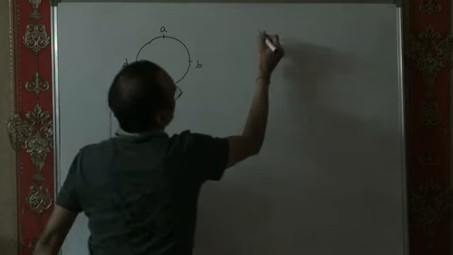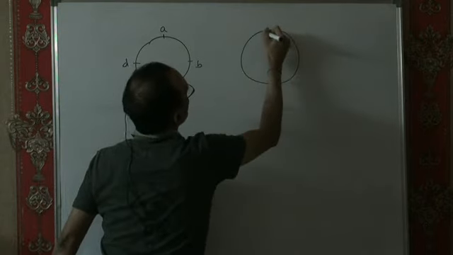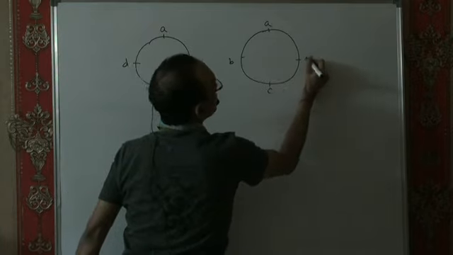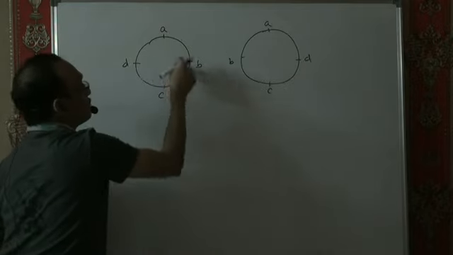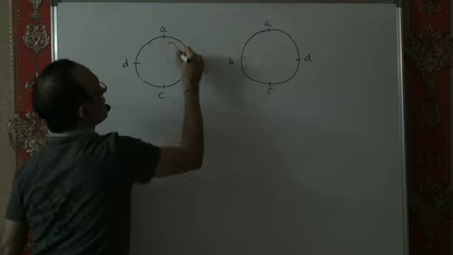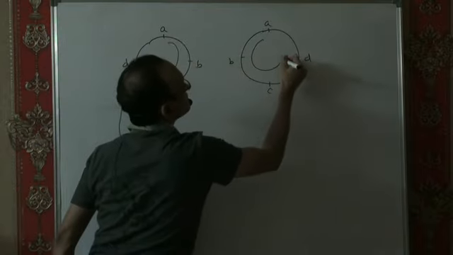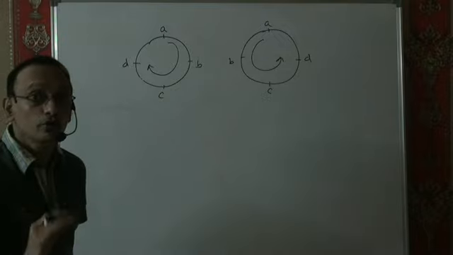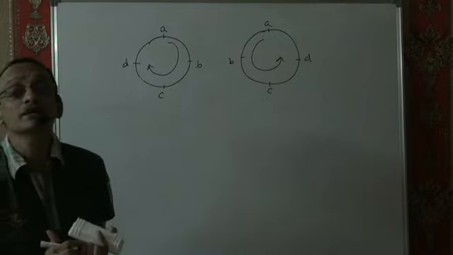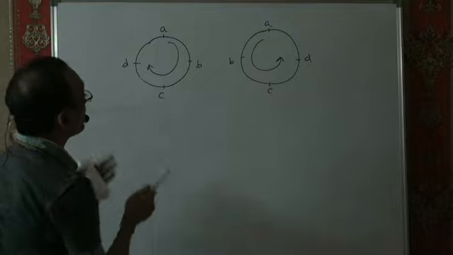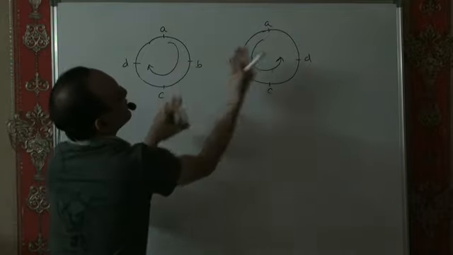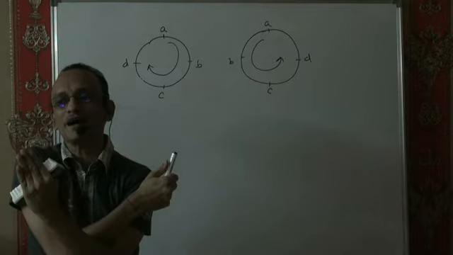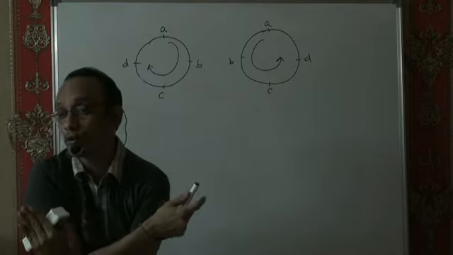And another way to create the garland of 4 flowers could have been A, B, C, D in the other direction. This is A, B, C, D clockwise. This is A, B, C, D anti-clockwise, right? But do you realize that they are really the same? In the case of a garland, they are really the same, because if I flip this 180 degrees, I get this. You could always flip a garland 180 degrees, yes or no, right?